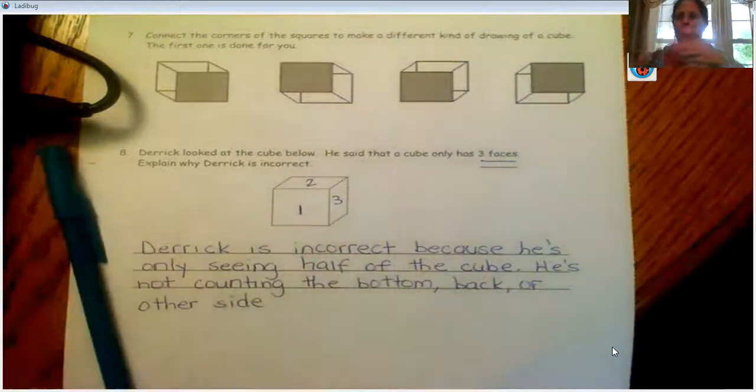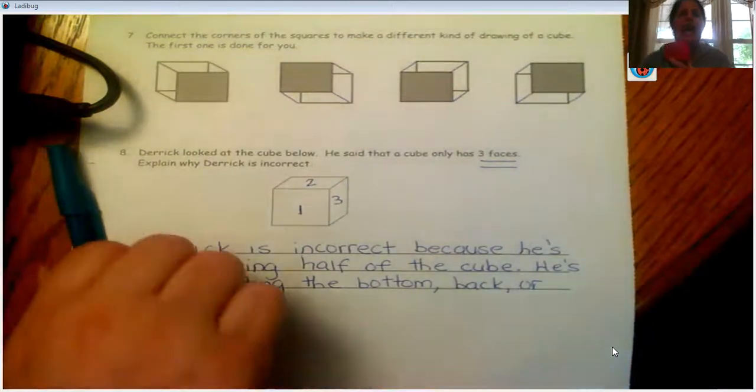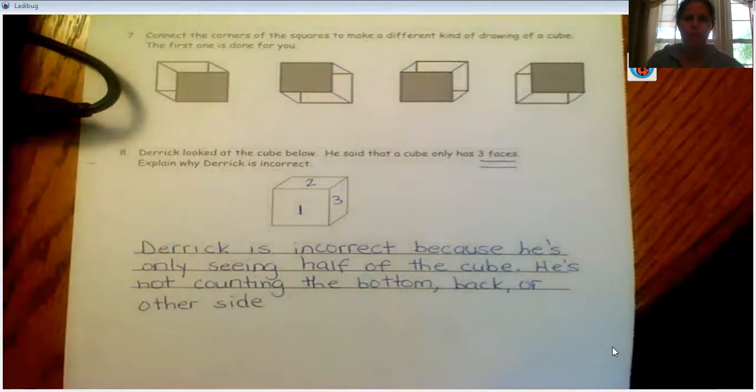Because remember, with our cube, like right now, the way he's looking at it, he's seeing a top, a front, and a side, but he's still missing the bottom, the back, and the other side. So he's only seeing half of the cube.